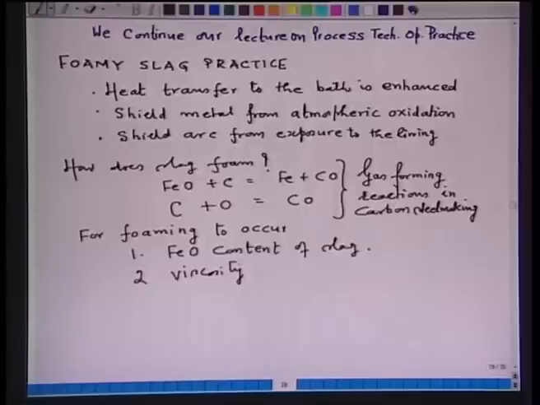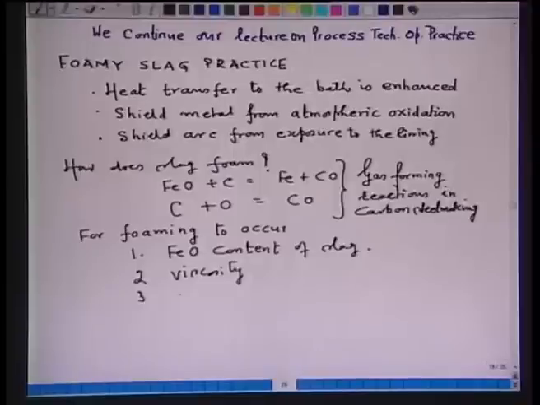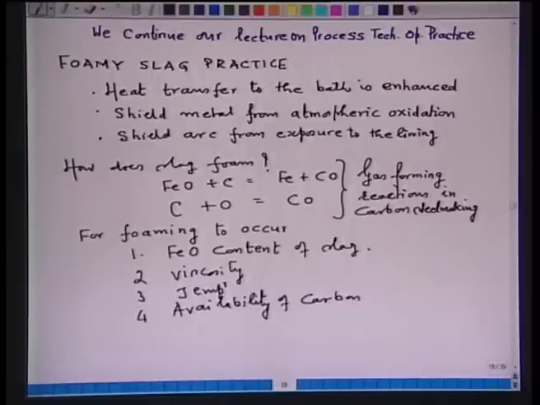I will not say low viscosity, I will not say also high viscosity, but that viscosity which allows the entrapment of the carbon monoxide bubble. Temperature, and above all, the most important thing is availability of carbon. Now, why have I written this thing?